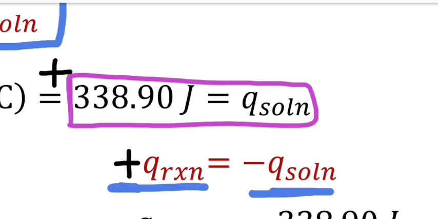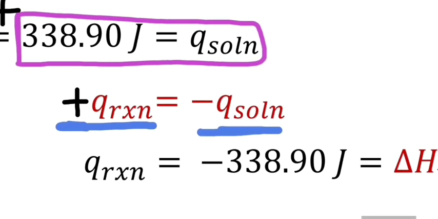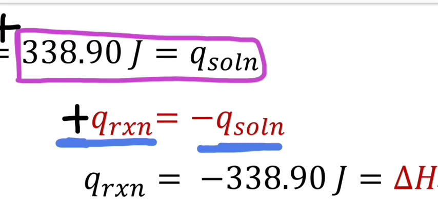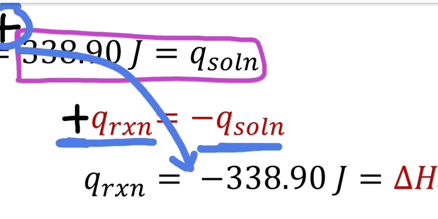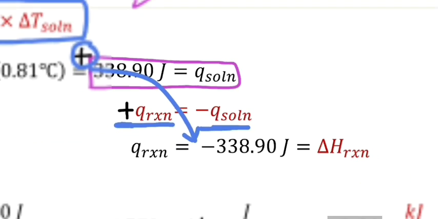So in order to find the amount of heat for the reaction, the only thing that we have to do is flip the sign when we go from the heat of the solution to the heat of the reaction. So we go from a positive to a negative number. Now when we do that, we have to remember that the heat of the reaction in this case is also the change in the enthalpy for my reaction.